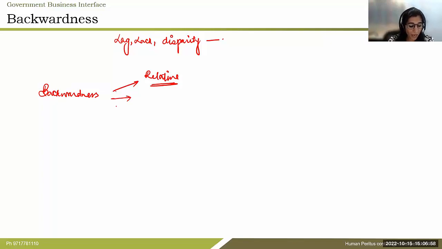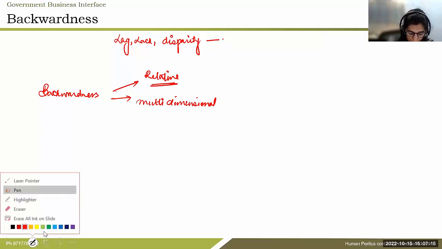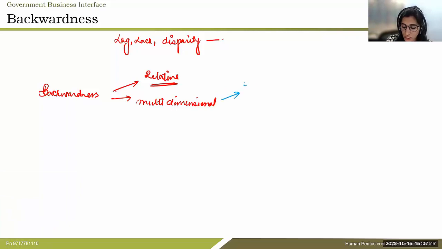Next thing, backwardness may be multidimensional. What is this multidimensional thing? You cannot say that backwardness is in terms of only one concept, say economically backward. Backwardness can have many dimensions. For example, one region can be economically backward as compared to another.